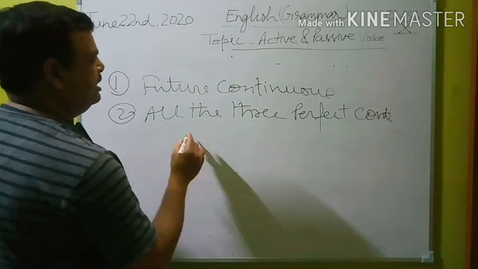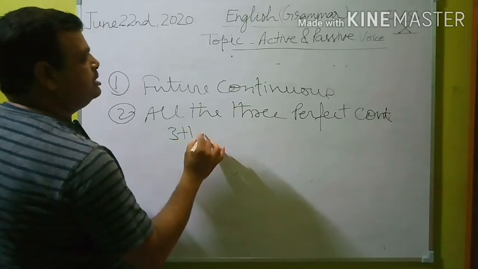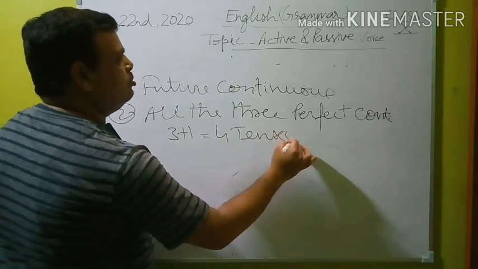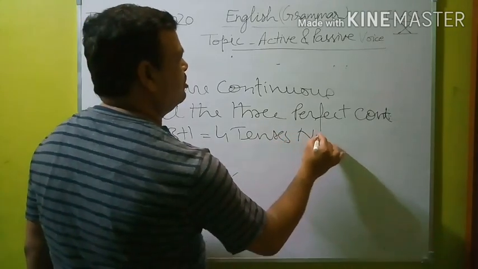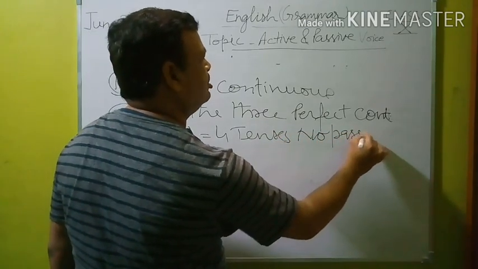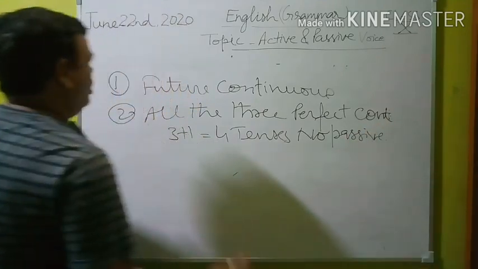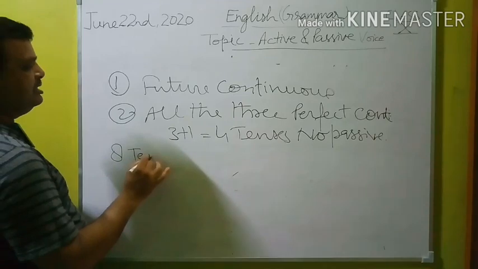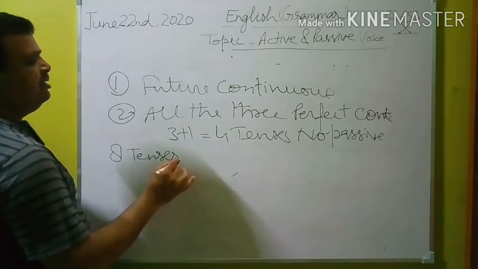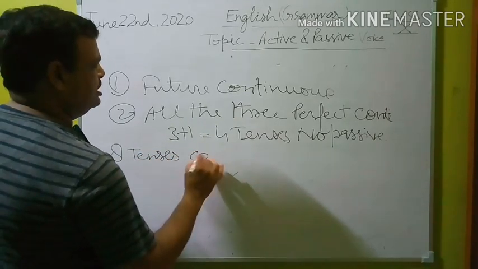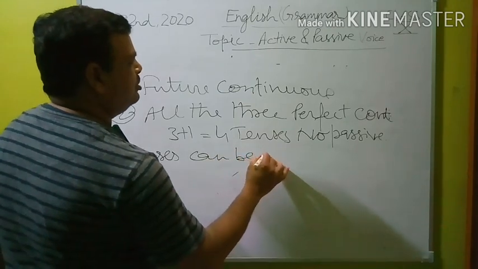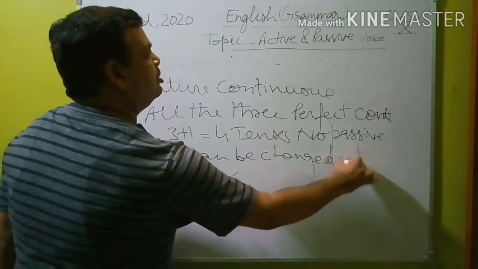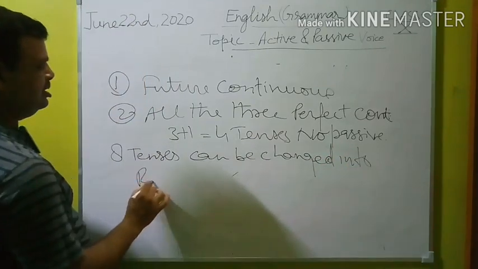So all the three, that is 3 plus 1, these 4 tenses cannot be changed into passive. No passive. You can write here no passive. Now how many tenses left? Now 8 tenses are left. These 8 tenses can be changed into passive voice.